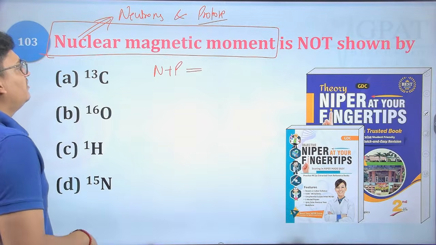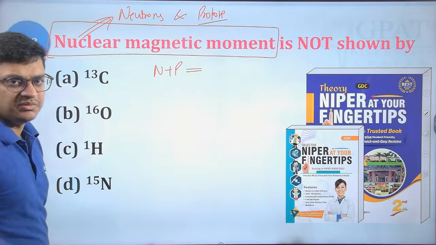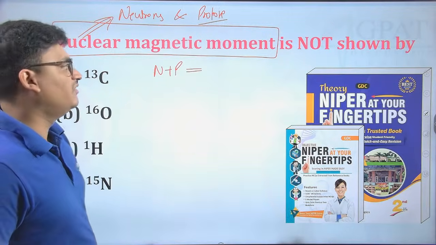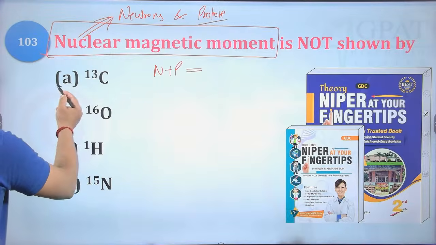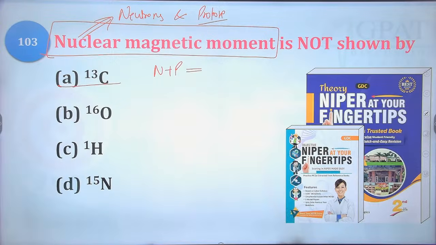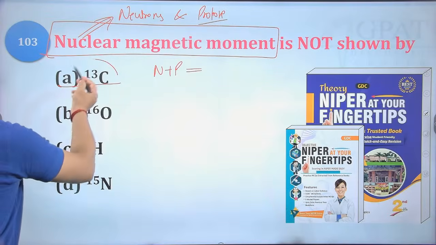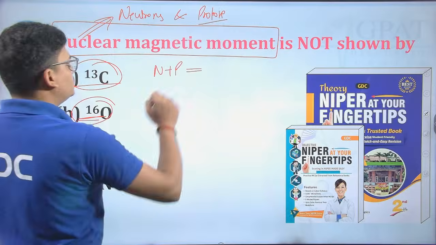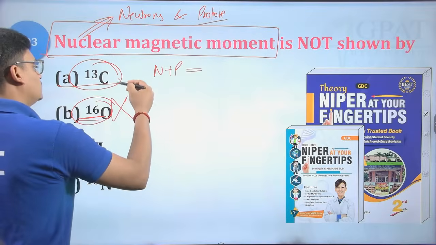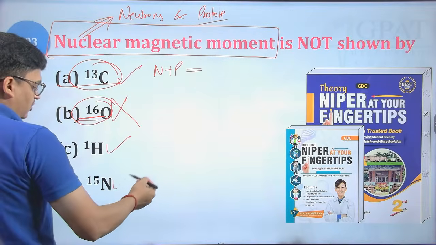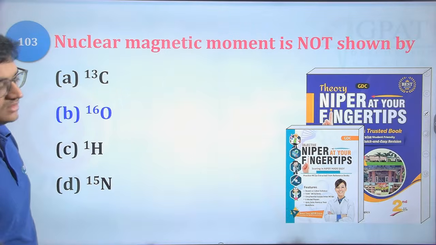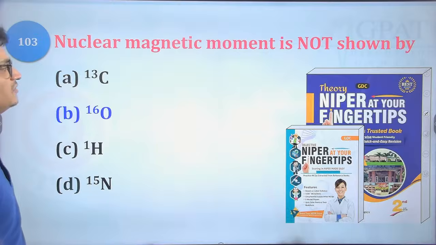But if N plus P is odd, then it will have a magnetic moment. Here, C13 is odd, 16O is even, so only 16O will be the right answer with no magnetic moment.